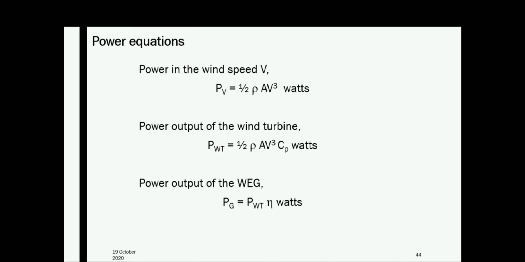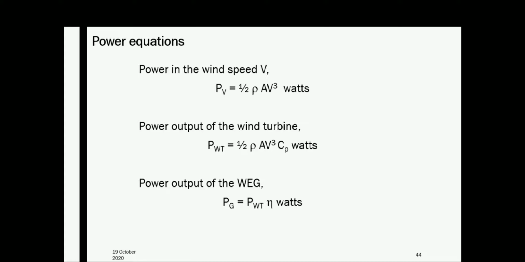The power output of the wind turbine is denoted P_WT, that is half rho A V cube into Cp, in watts.